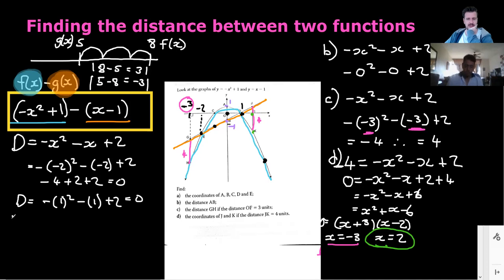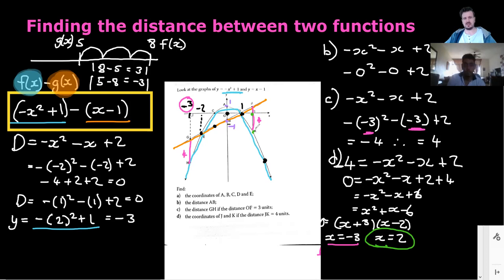And I'm going to say the Y value of K is going to be that 2, and it's on the parabola, right? So the parabola is the blue, this one is the parabola, right? So that's why I sub the 2 into here. Okay. And so now I get -3, which makes perfect sense because it's all the way down here.